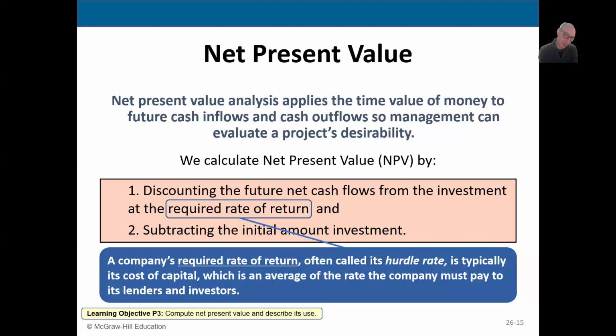The company's required rate of return is what we call the hurdle rate. It's internal. The management decides what this number should be, based on what they believe they need in order to generate a positive return off of their investment. Usually anything greater than 0 is good.